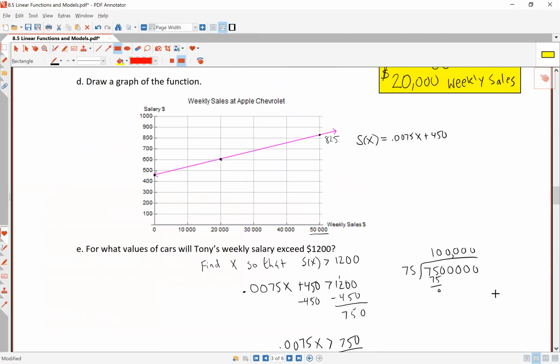So on the graph, that would have meant going out here another 50,000 to 100,000, and this line would have gone up to the $1,200 mark.